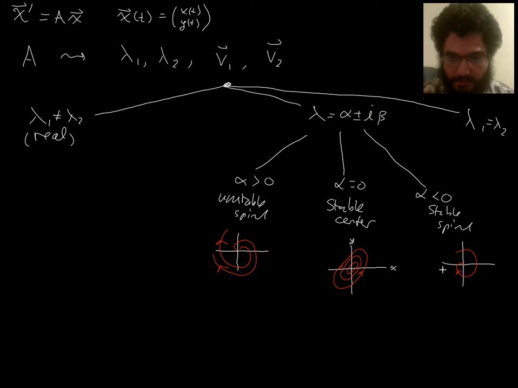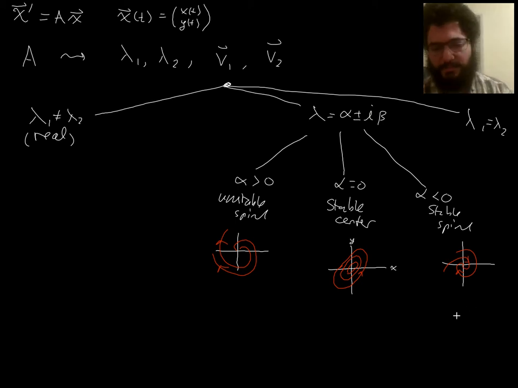And I'm just showing two trajectories, but the plane is filled with these different trajectories. And I'm showing them kind of hitting the origin, but they really just spiral forever. It's just that you have to zoom in very close to see the smaller spirals, since exponential decay and exponential growth are very, very quick.